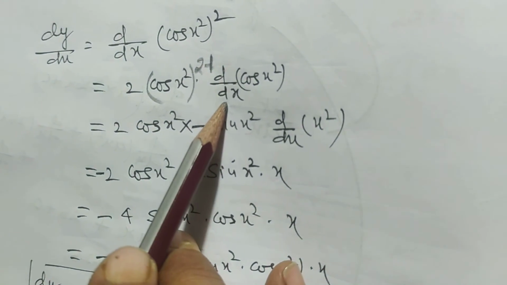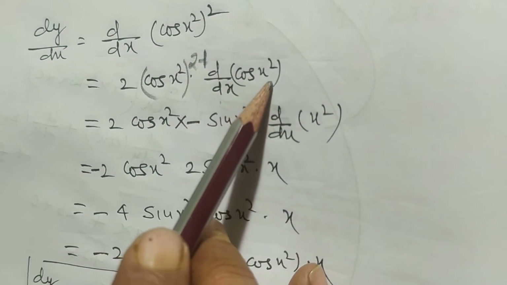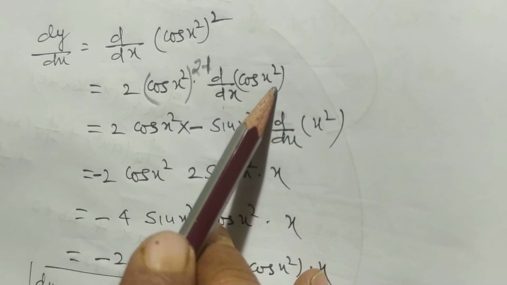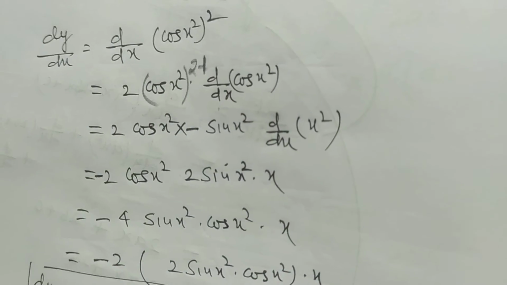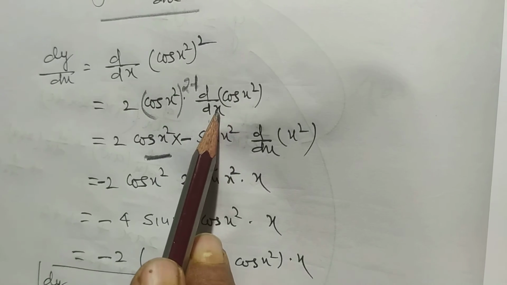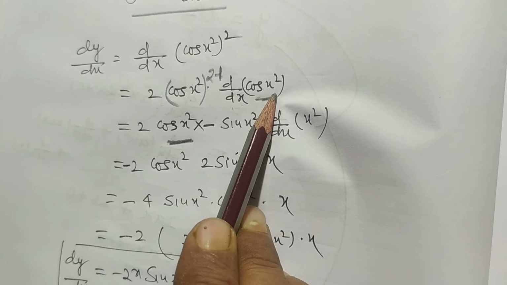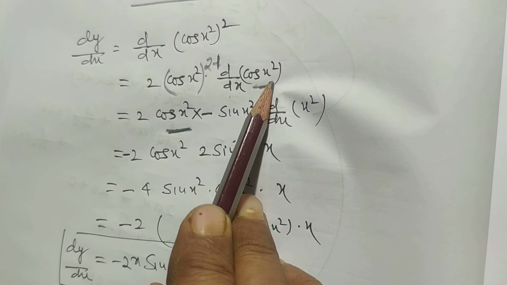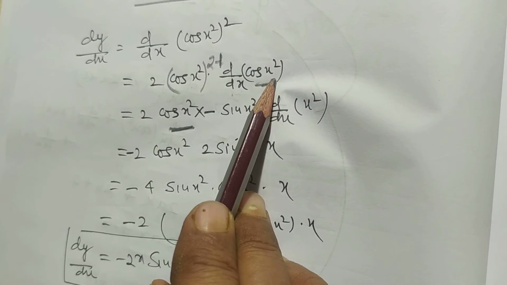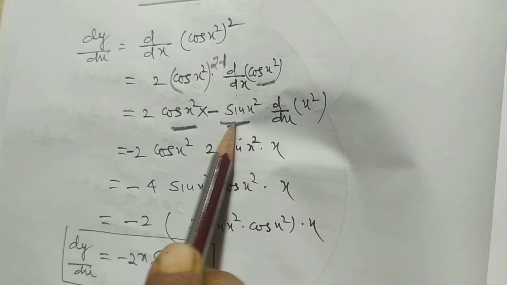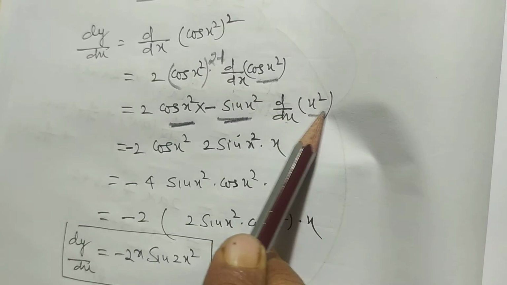Now d by dx of cos of angle x square, we read in this way, that is minus sine of angle x square into d by dx of x square.